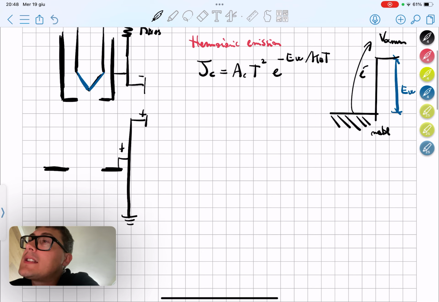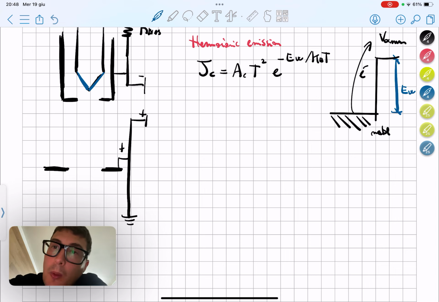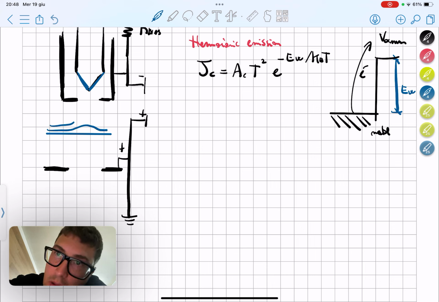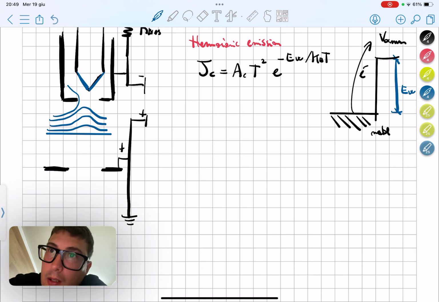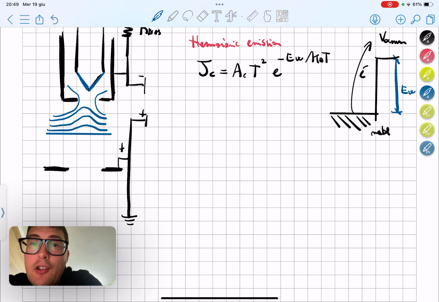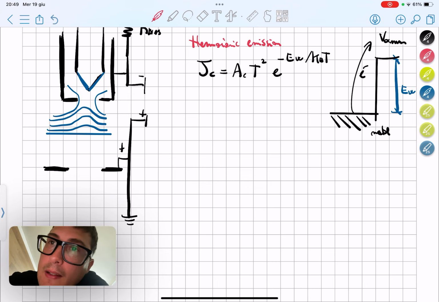Because of this anodic and cathodic part, we will have an electric field. And let me sketch, this is all sketches, of course, the equipotential lines because of the electric field. So this will extract the beam.